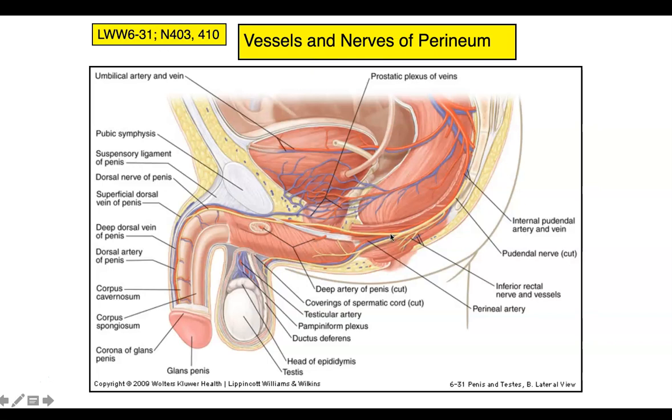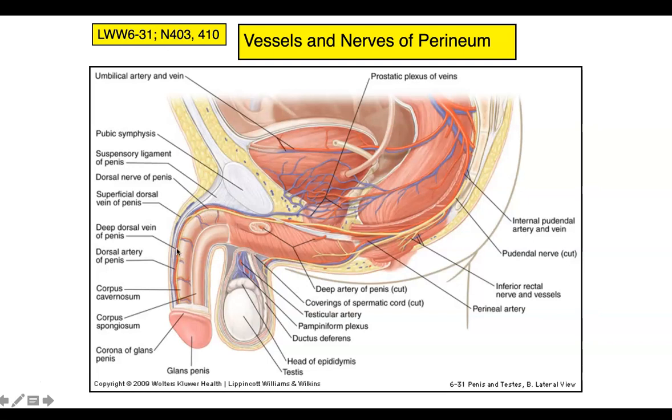And then the pudendal nerve and the internal pudendal artery also course more anteriorly into the urogenital triangle. The internal pudendal artery gives rise to the dorsal artery of the penis and the deep artery of the penis. And the pudendal nerve gives rise to the dorsal nerve of the penis.